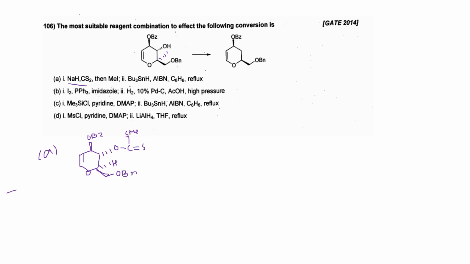But you have to notice in the second step, I have told already, in case of Chugaev reaction, you have to heat the substrate at a very high temperature, like greater than or equal to 400 degrees centigrade. So in the second step, they have not mentioned the heat. So it will not undergo Chugaev type of reaction. Whereas before it can go to a Chugaev type of reaction, the next reaction will take place. So that is SN.